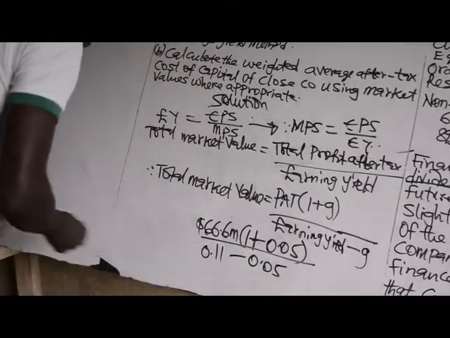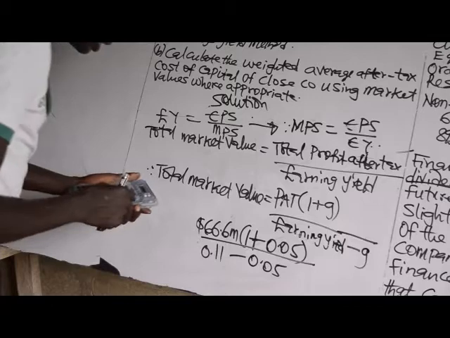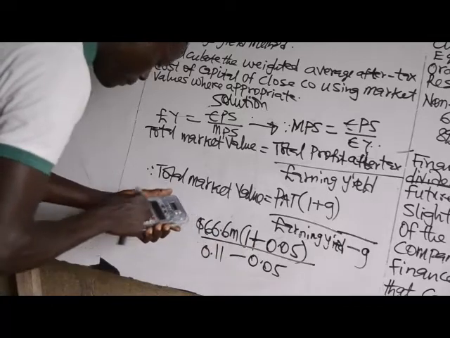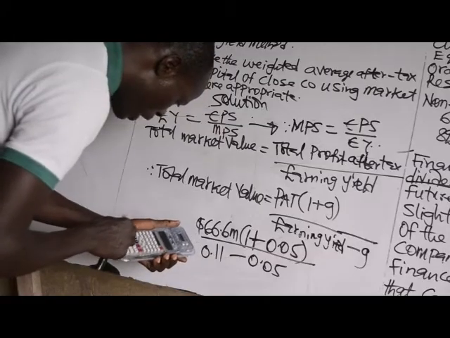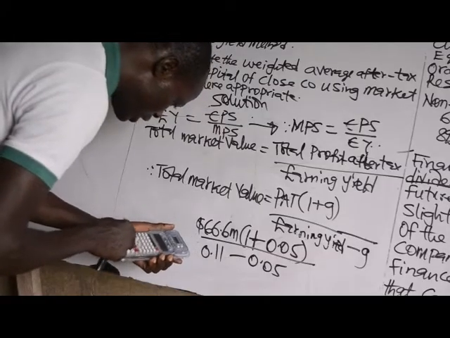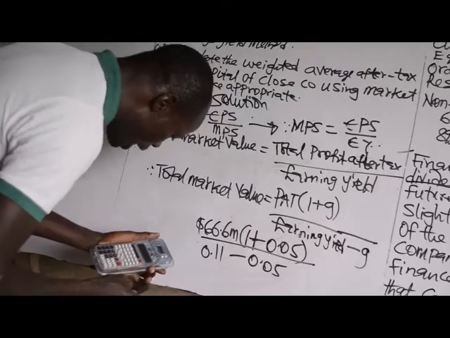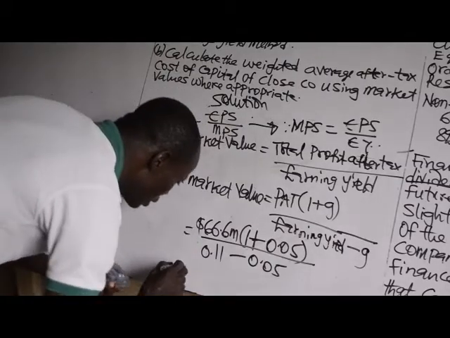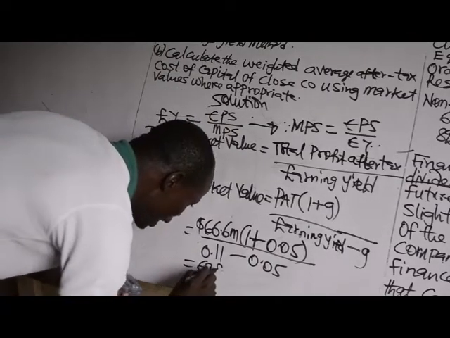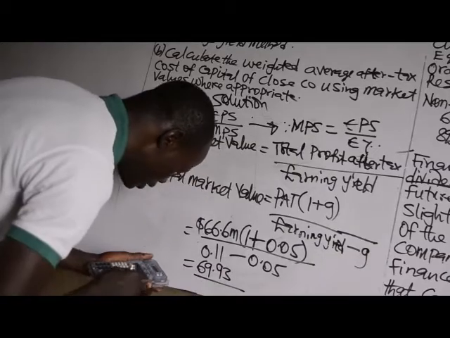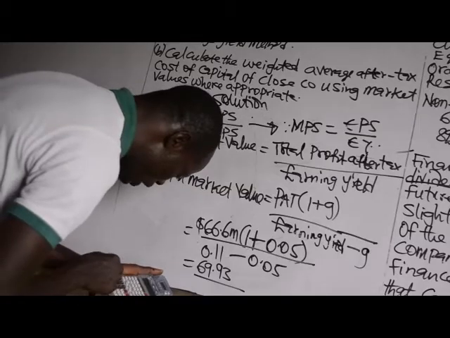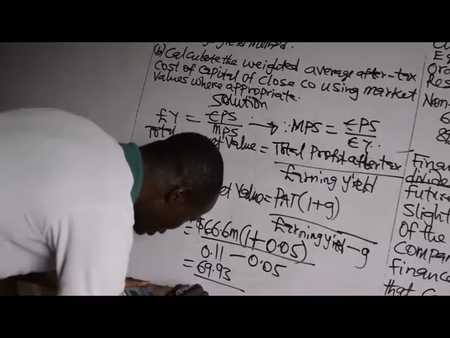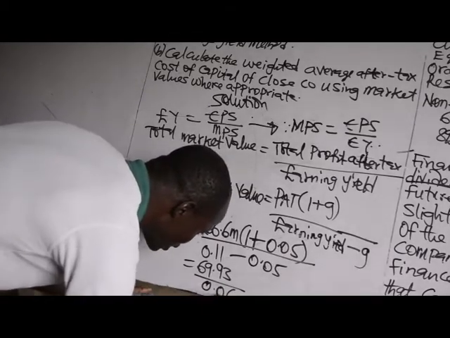If you add 1 plus 0.05, you have 1.05 times 66.6. The numerator is 69.93. Over the denominator, 0.11 minus 0.05, the denominator is 0.06.